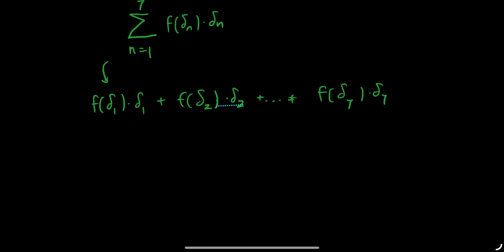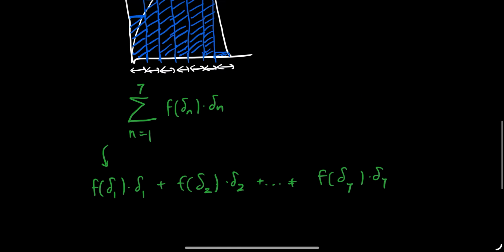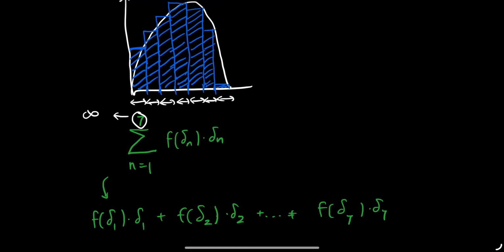So now imagine that this 7 approaches infinity. Bear in mind that these delta n's that we are finding approach 0, right? Because this delta n stays within the same bounds, and say these bounds are a and b.